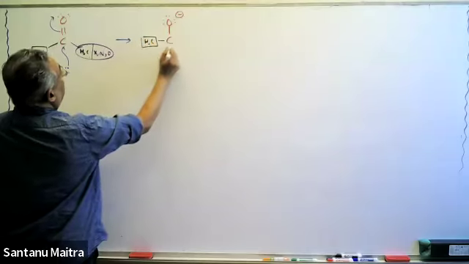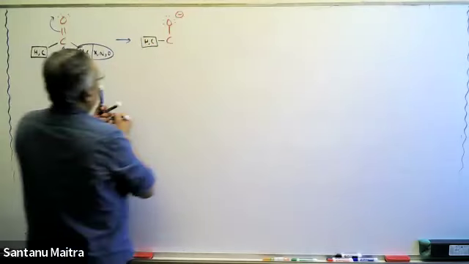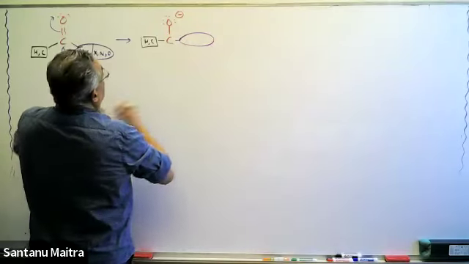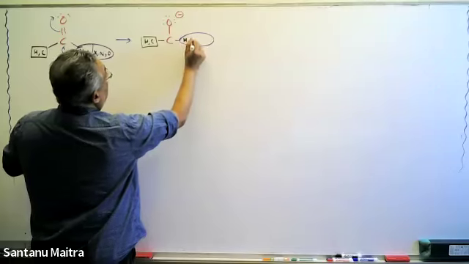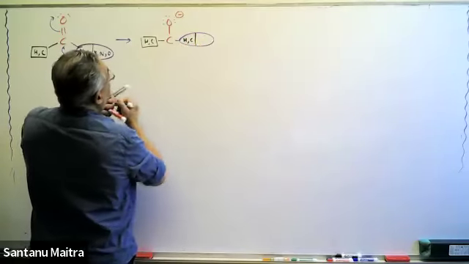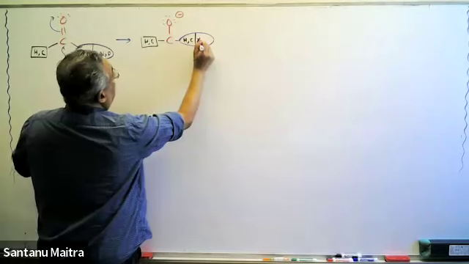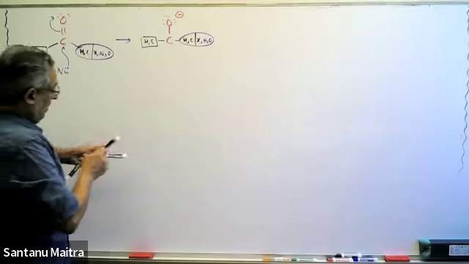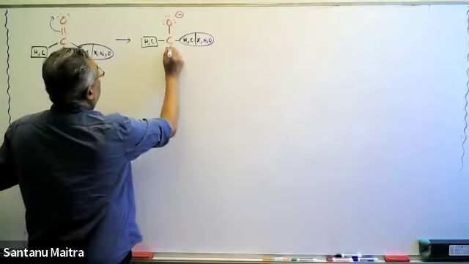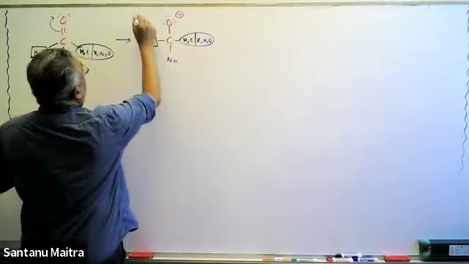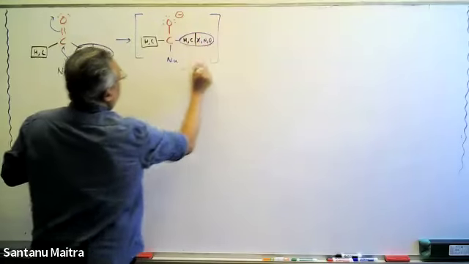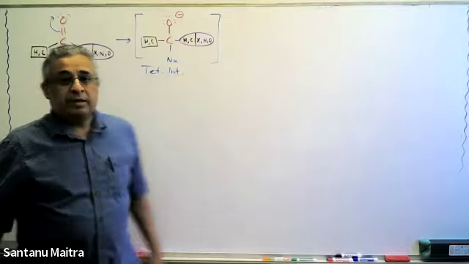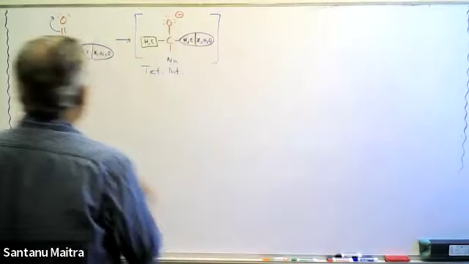H or C, and on the right side you have hydrogen or carbon, or you have halogen or nitrogen or oxygen. Okay, and the nucleophile is stuck here, and this is called the tetrahedral intermediate.